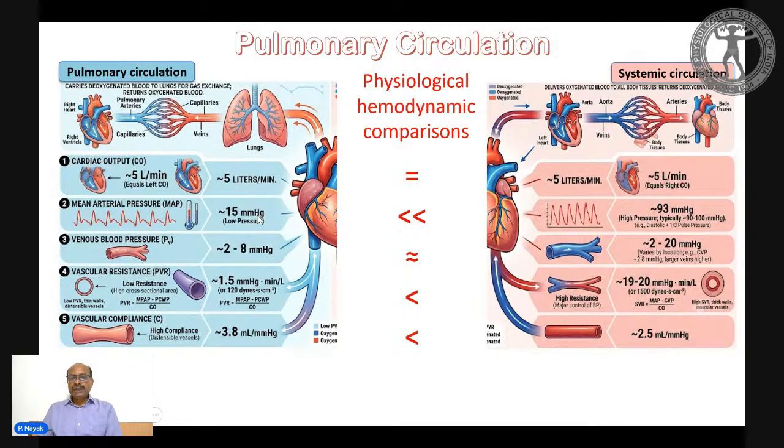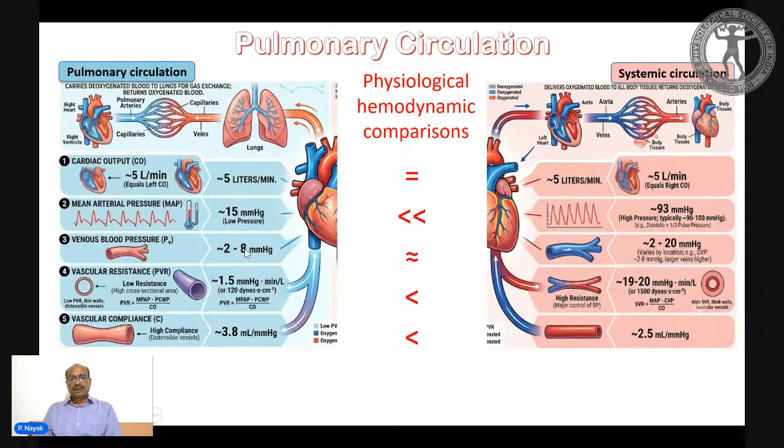However, the mean arterial pressure is only 15 millimeter mercury in the pulmonary system, whereas it is 93 millimeter mercury in the systemic circulation. So we have a very extensively higher mean arterial pressure in the systemic circulation and a relatively much lower mean arterial pressure in the pulmonary circulation.